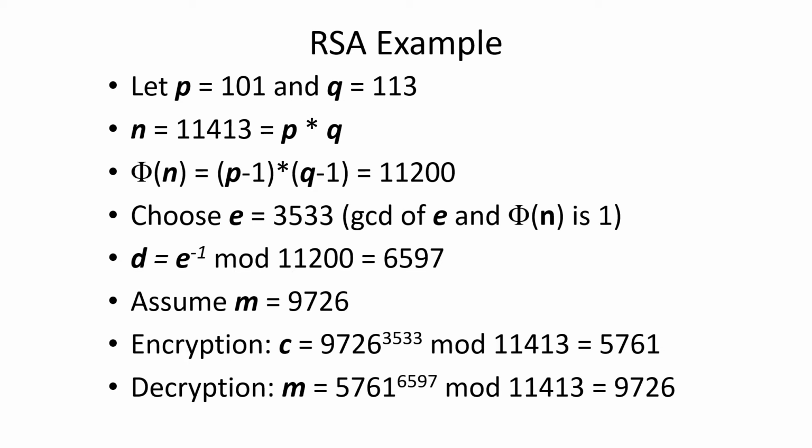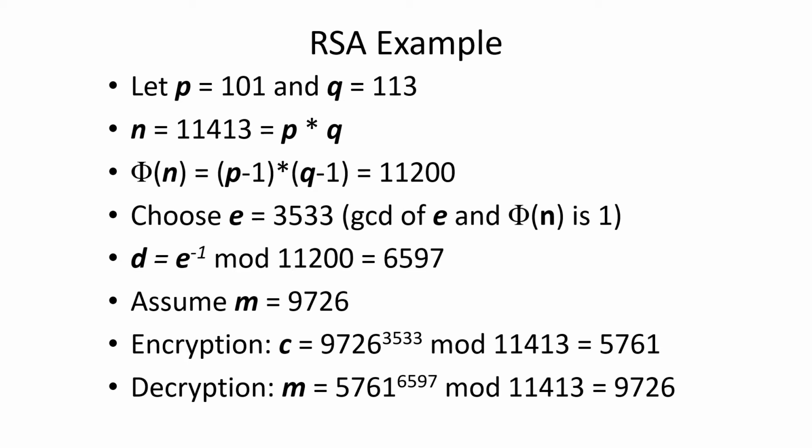Also, there are other mathematical tricks you can do to make raising it to a power easier. Anyway, when you raise 9,726 to the 3,533 power, mod 11,413, you end up with the number 5761. Okay, so that's your ciphertext, 5761.